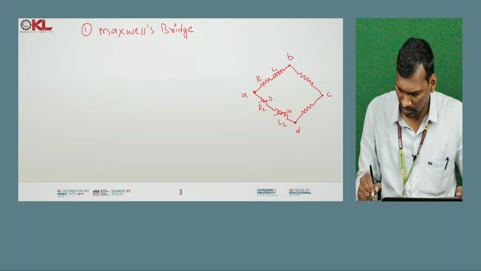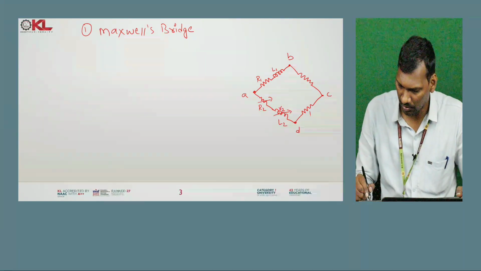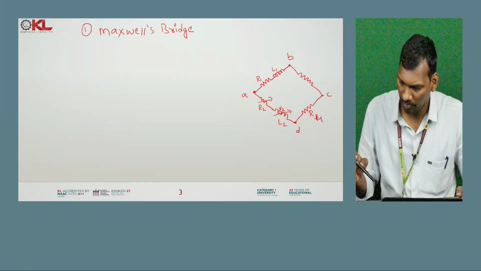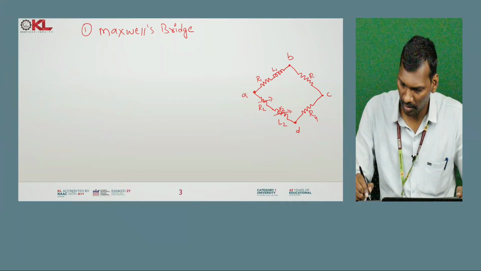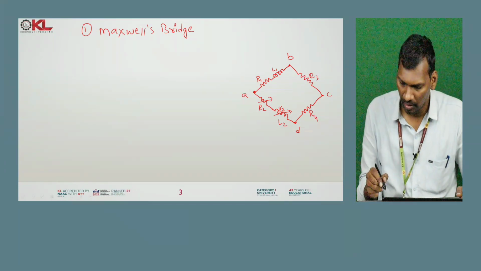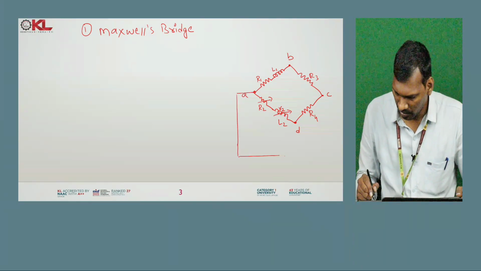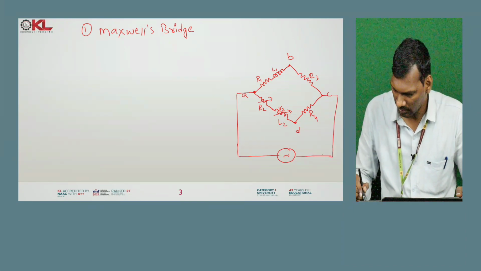R1, L1, this is L2, and this inductance having some internal resistance r2, let us say this is R4, and it is R3, and the voltage source is connected between the terminals B and C.